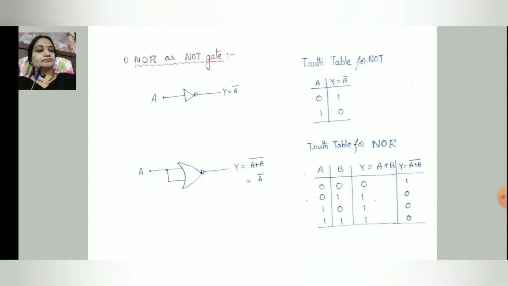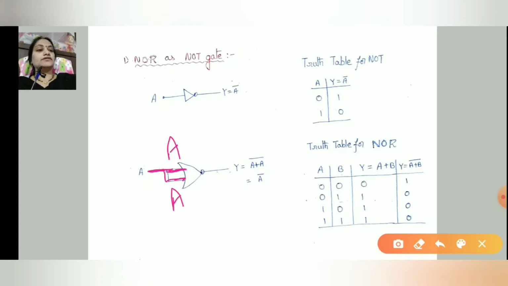Okay, now you observe in this chart the two inputs of NOR gate are connected with each other, and again they are given to the input A. That means the two inputs are A. Okay.